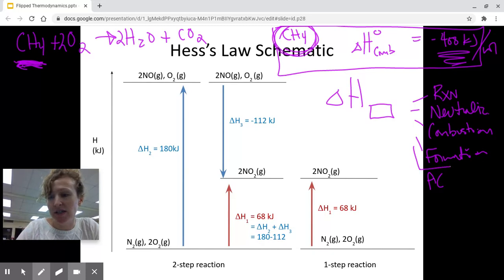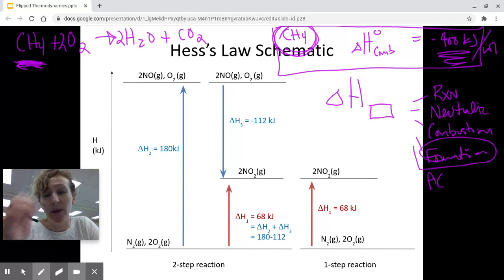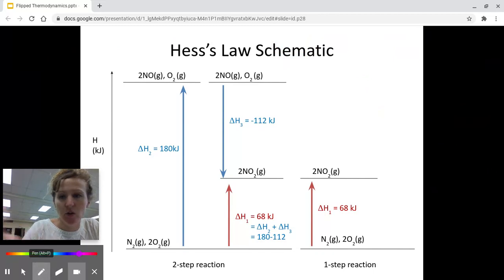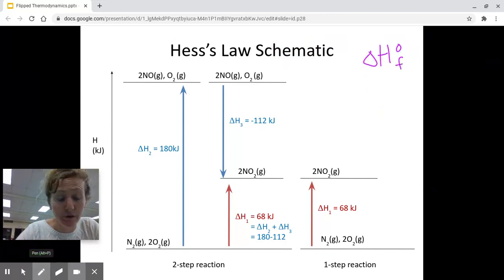Formation. Let me just talk to you about this now, and then we can talk about it later. The whole chart in your book is listed in terms of formation reaction. So they'll give you the enthalpy F. F stands for formation for a specific molecule.